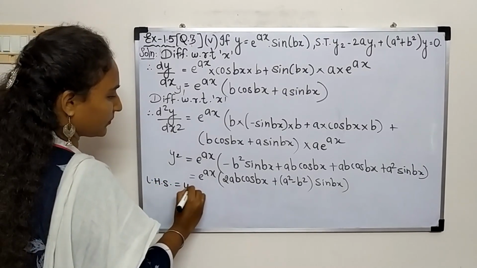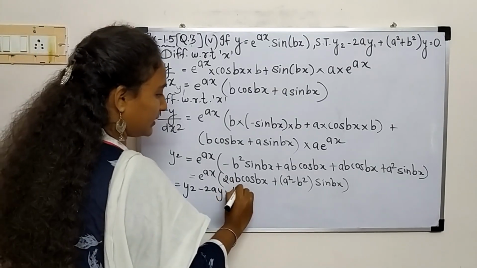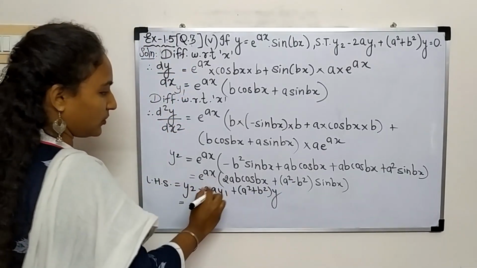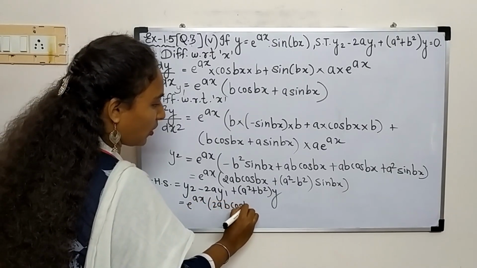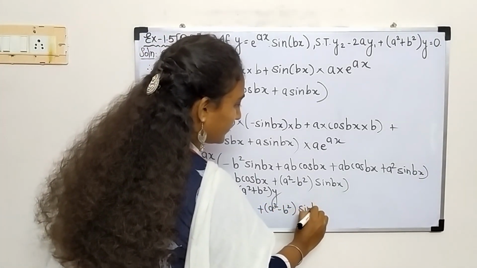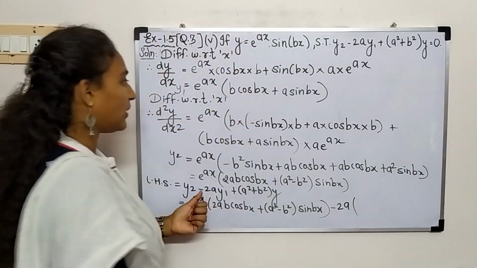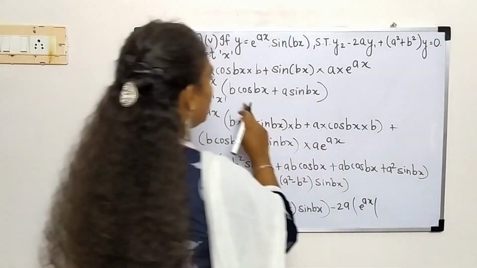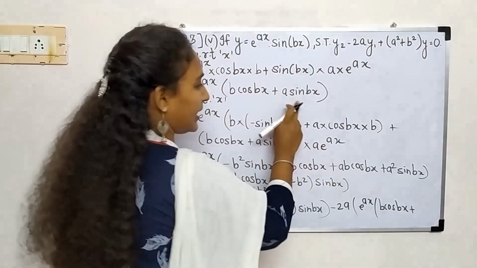LHS is equal to y2 minus 2a y1 plus a square plus b square into y. This is equal to y2, which is e power ax into 2ab cos bx plus a square minus b square sin bx, minus 2a, and your y1 is e power ax into b cos bx plus a sin bx.